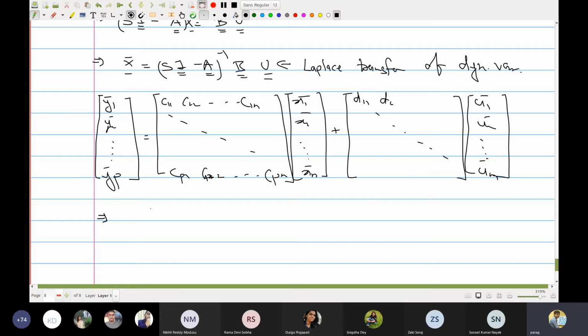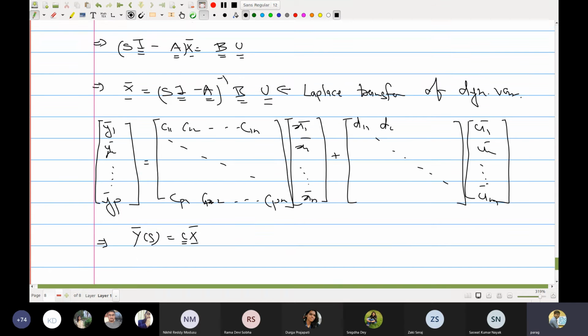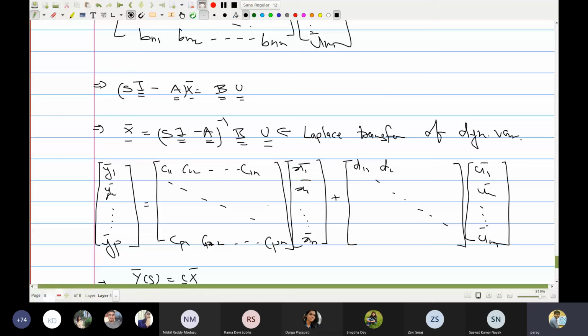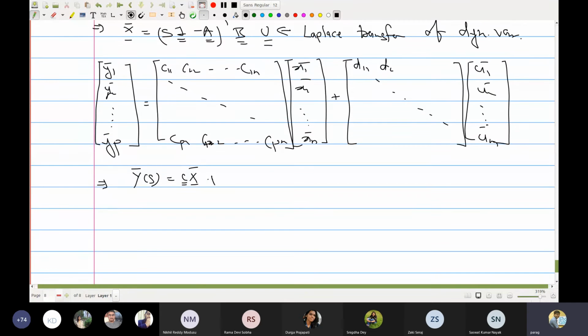From where I can write y bar of s equals coefficient matrix C times x bar plus D u bar. This is going to be a vector.